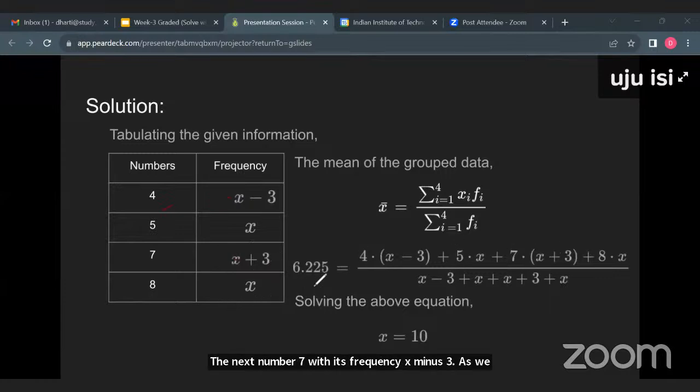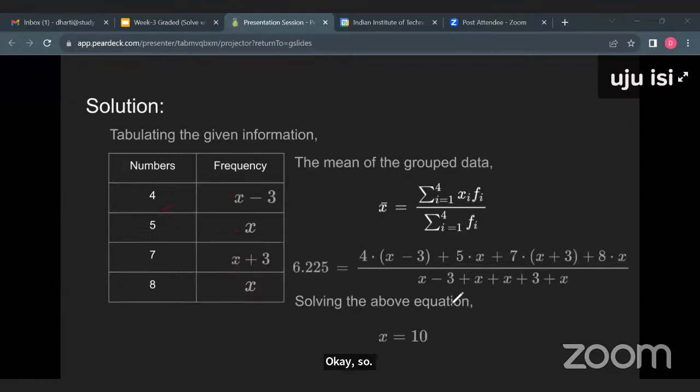Then 8 and its frequency, and divided by the total number of observations. How will we get the total number of observations? Just by adding all the frequencies, that is x minus 3, x plus 3, x, plus x. Okay. So we have to just solve it, and by solving we will get x is equal to 10.